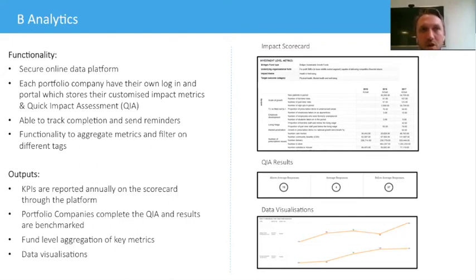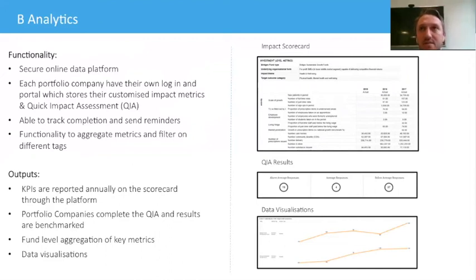For example, if you're looking at individuals served, you can tag that as a general question, and obviously the metric itself will be different for each portfolio company. So it'll be patients for our pharmacy business, but gym users for a gym business. You can tag that as individuals served and then aggregate that across the portfolio, which is a really useful function.